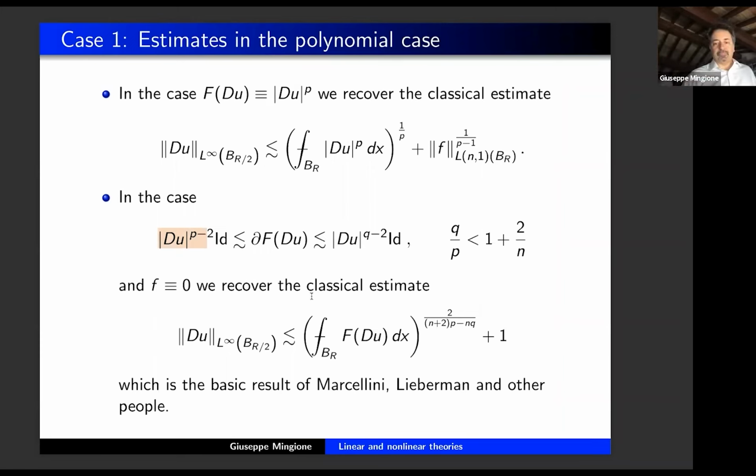Marcellini did not have this right-hand side. So now our aim is to get sharp estimates also with the right-hand side, sharp with respect to the function space considered.